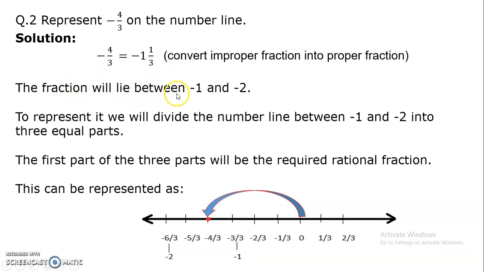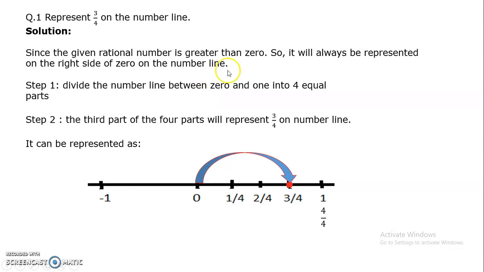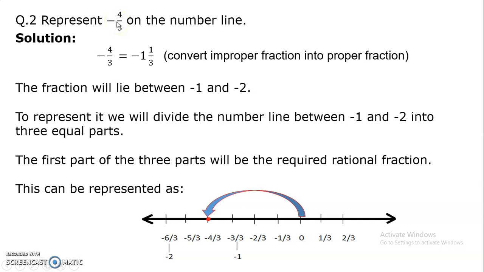The fraction will lie between minus 1 and minus 2. In the last question, the number was such that it would lie between only 0 and 1. But this number will lie between 1 and 2, that is on the negative side also.